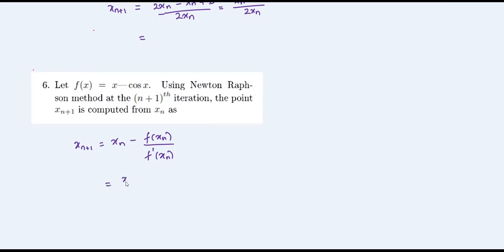So xn minus f of xn is xn minus cos xn, divided by the first derivative. f dash of x is 1 plus sine x, because the derivative of cos x is minus sine x.